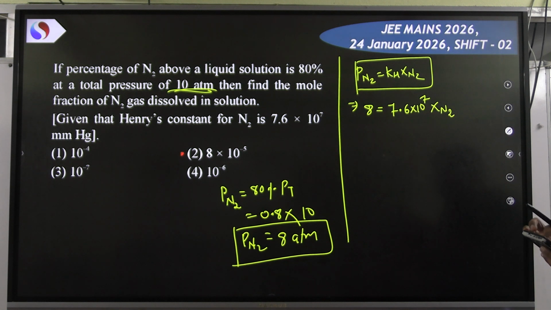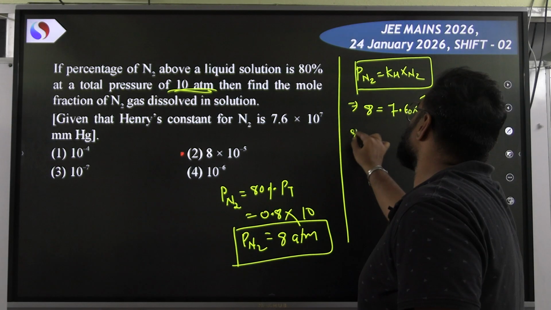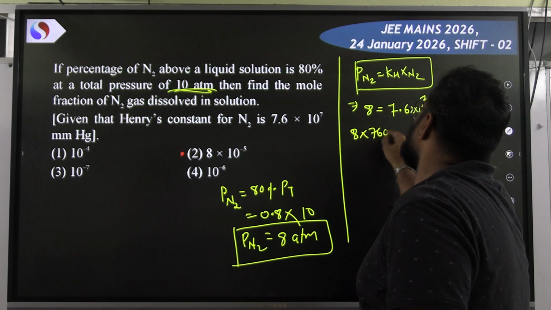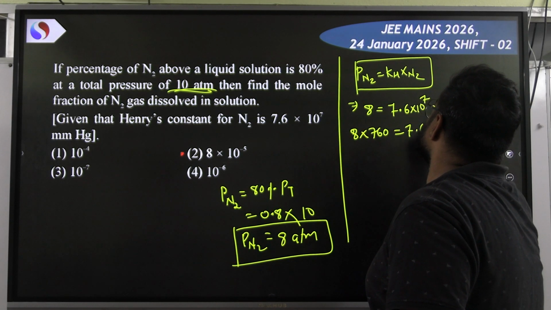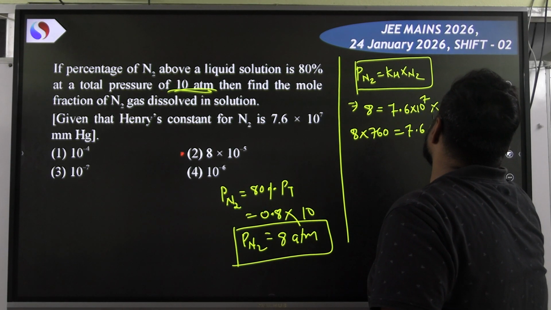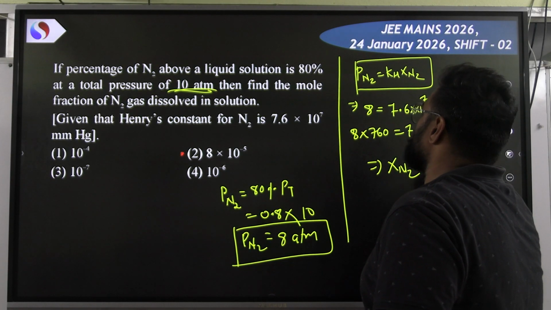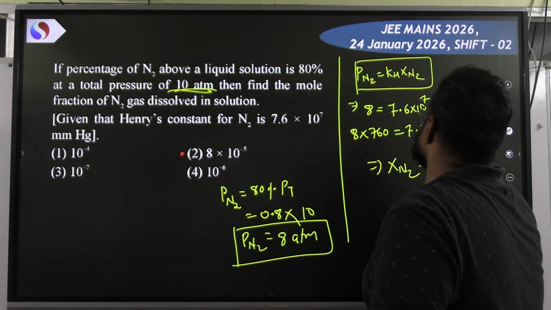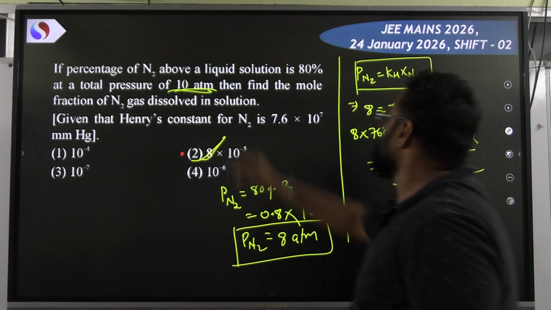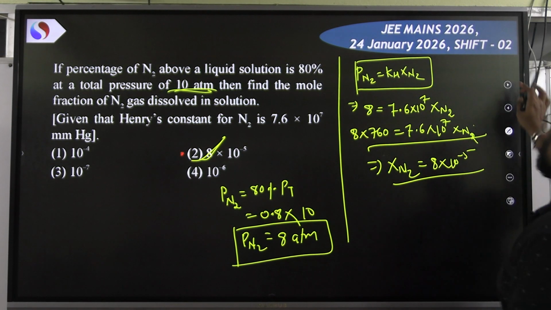So by converting, this will be 760. Convert atm. 760 mm is equal to 7.6 into 10 to the power 7 into mole fraction of N2 gas. So what is mole fraction of N2? It will be 8 into 10 to the power minus 5. Option number 2 on solving this easy question.